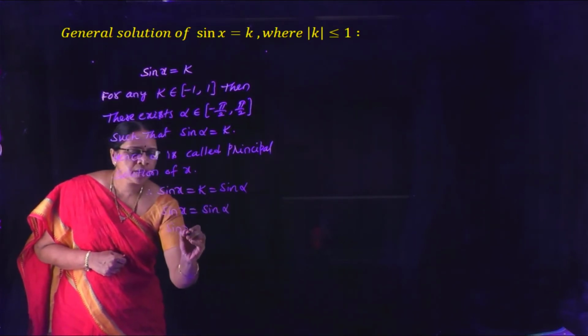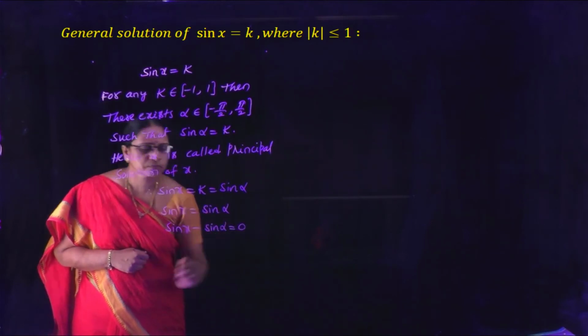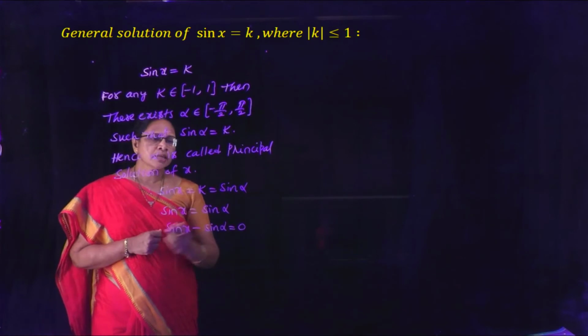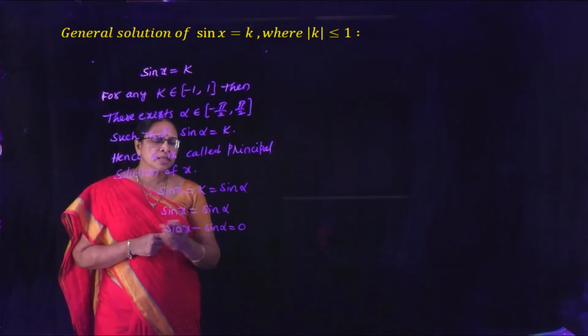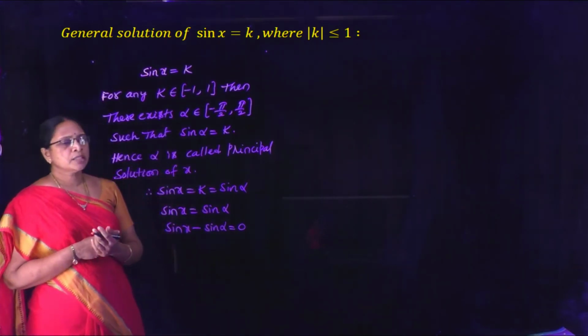Sin x minus sin alpha is equal to 0. We know the formula for sin c minus sin d. Sin c minus sin d is 2 cos c plus d by 2 sin c minus d by 2.